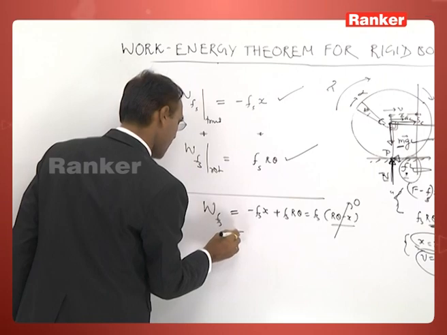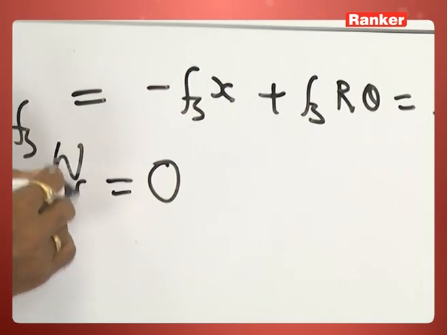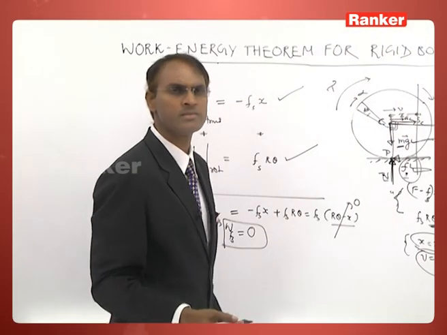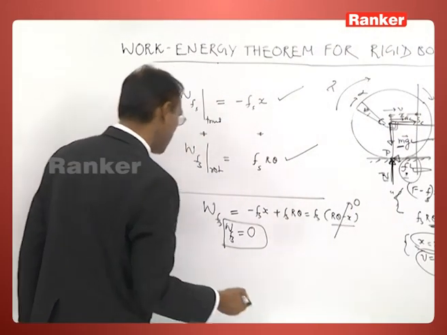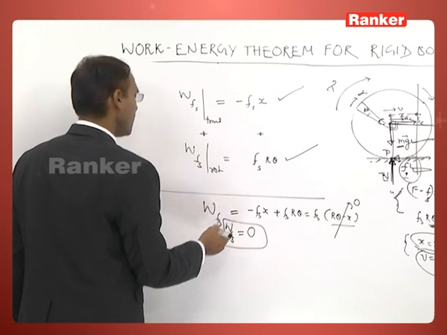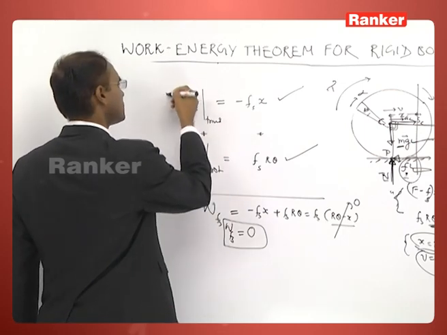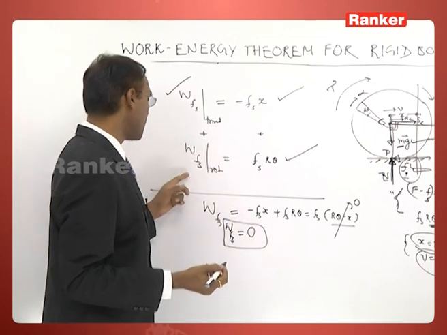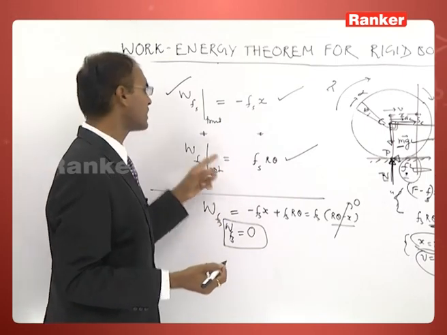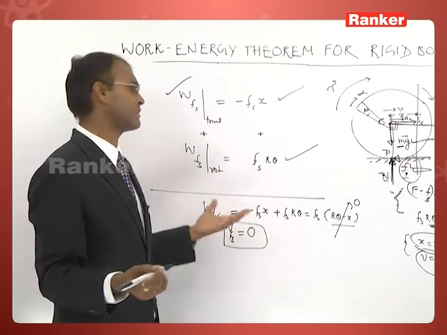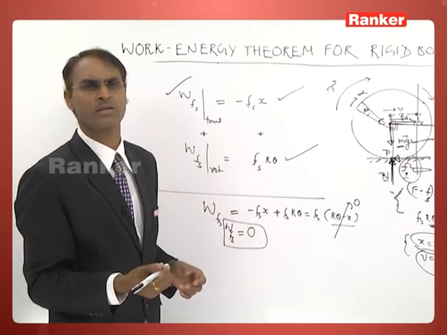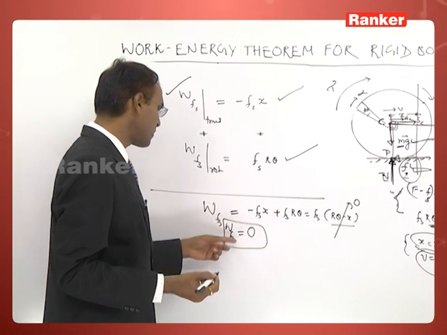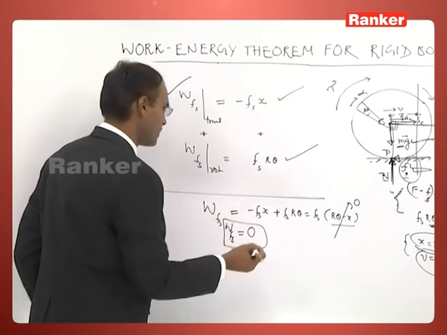So net work done by static force of friction in the case of pure rolling will be equal to 0. So we can conclude that the frictional force does negative work in translating this object, and it does equal positive work in rotating the object. As a whole, the frictional force doesn't perform any work. Therefore, work done by the static force of friction is 0 for the case of pure rolling.